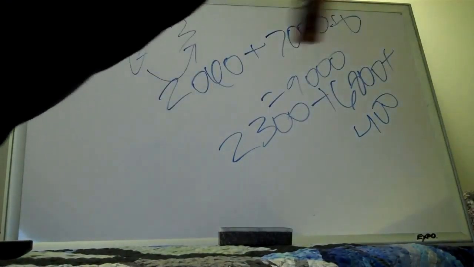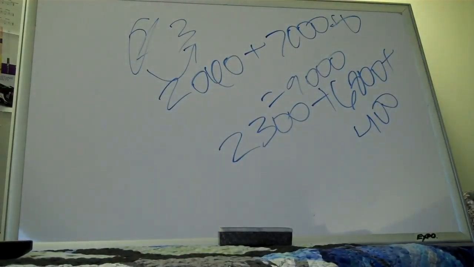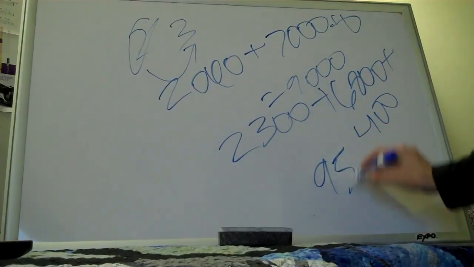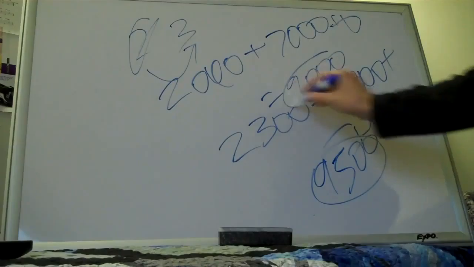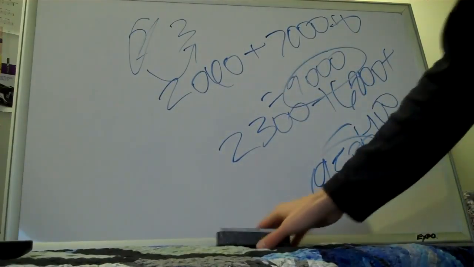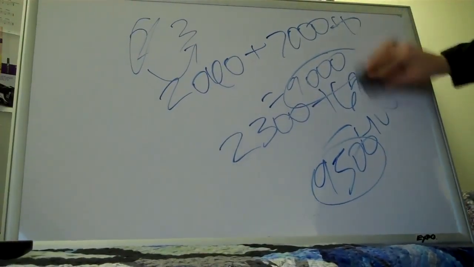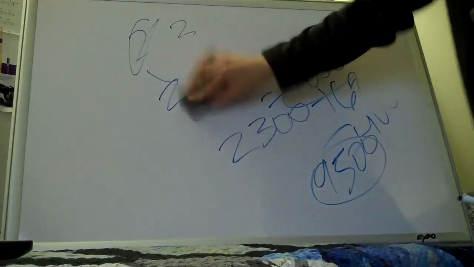So that answer is, oh dang, I'm lazy today, 9,500. That's another answer. So either of these are fine, 9,000 or 9,500. And that ends keeping skills sharp.